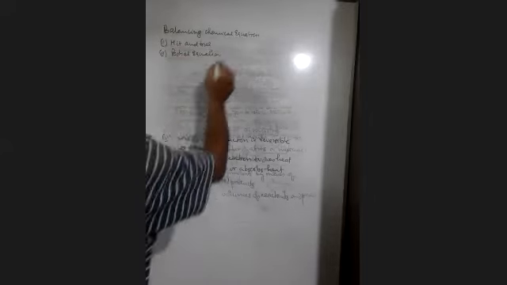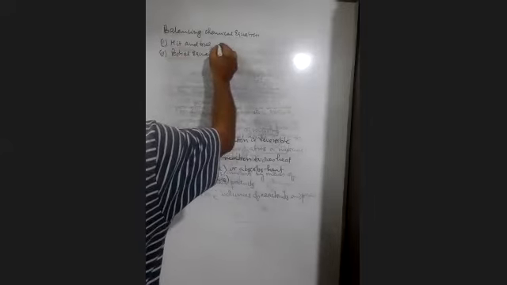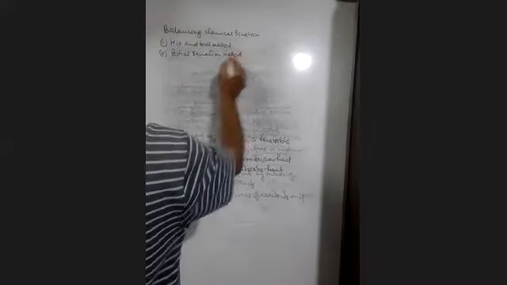Second, partial equation method. I will not do it now. When the time comes, we'll do. The first one is the hit and trial method. Third is the oxidation number method.